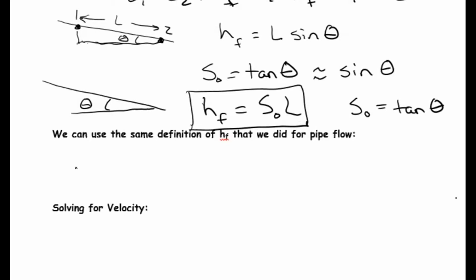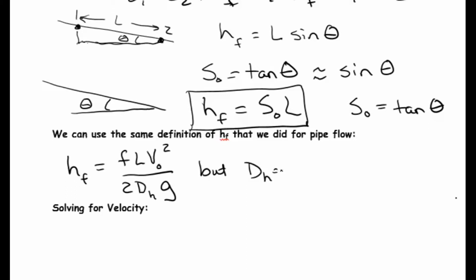We can also use our head loss equation that we had from internal flow, and that was hf equals f L V0 squared over 2 D times g, where this time we're going to have to use hydraulic diameter. But in open channel flow, we don't want to use hydraulic diameter, we want to use hydraulic radius.